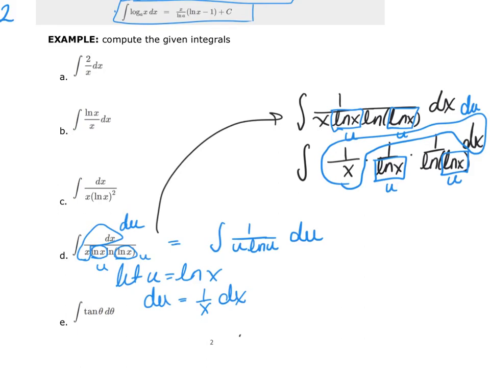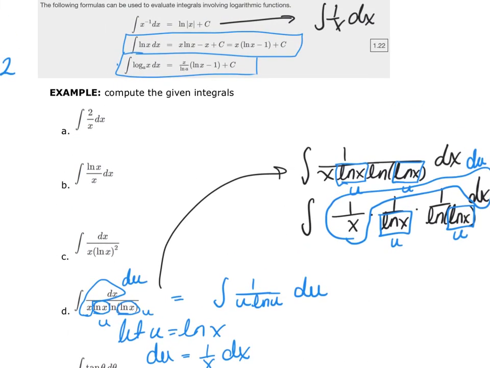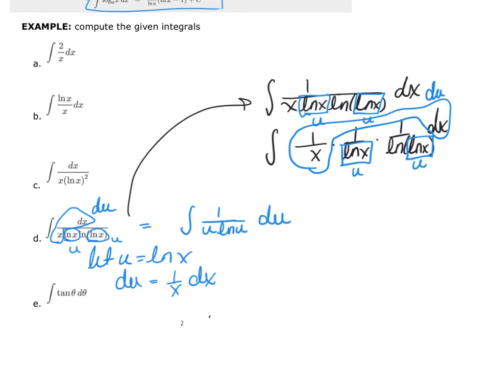Let's continue. Now, that kind of looks like, well, none of them. Well, that kind of sucks. But you know what? If I can do the u substitution once, guess what I get to do? I get to do the u substitution twice if I want to. So now what I'm going to do is say, okay, let v equal the natural log of u.